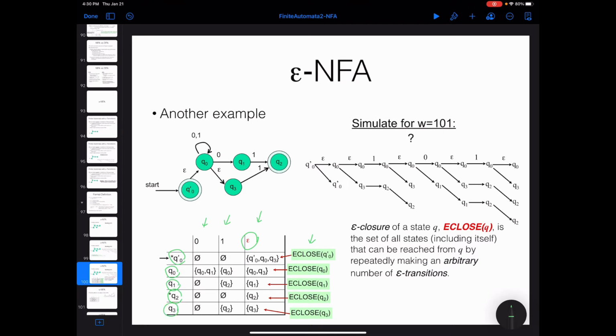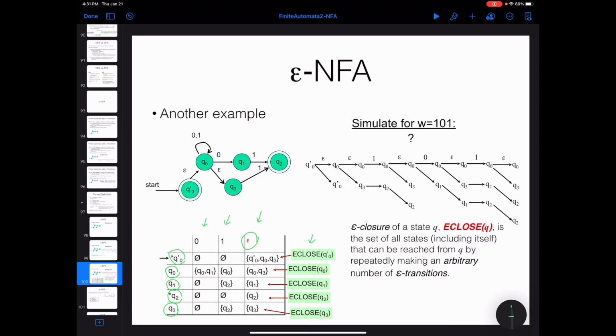For all of the states, you calculate the eClose, which basically means that, again, I'm repeating it.